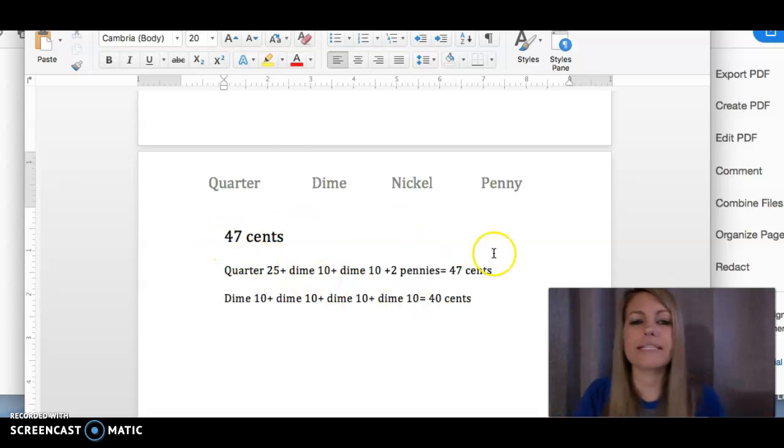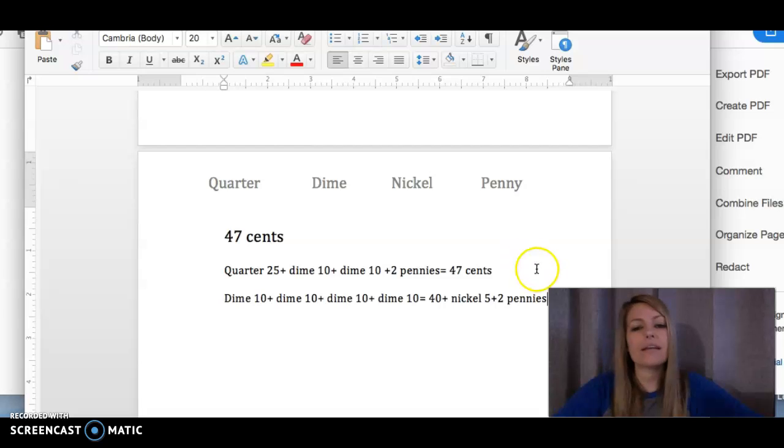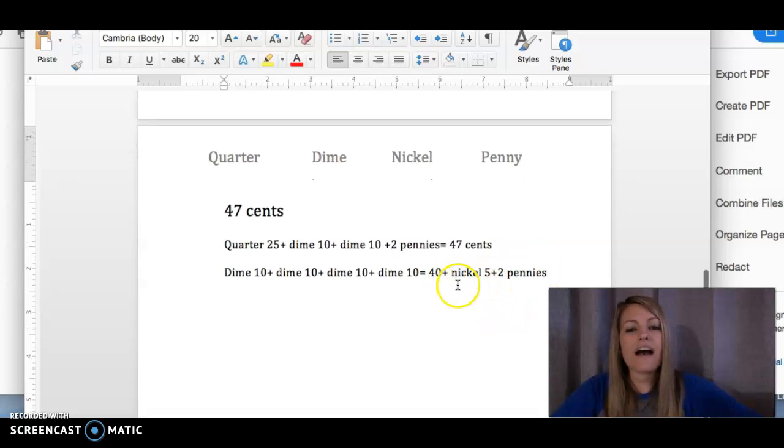I've got to get to 47. So if I have 40 cents, I could add a nickel. A nickel is worth 5. So 40 plus 5 equals 45. And I'm going to add 2 pennies to get me to 47. So I've got 45 plus 2 more would give me 47.